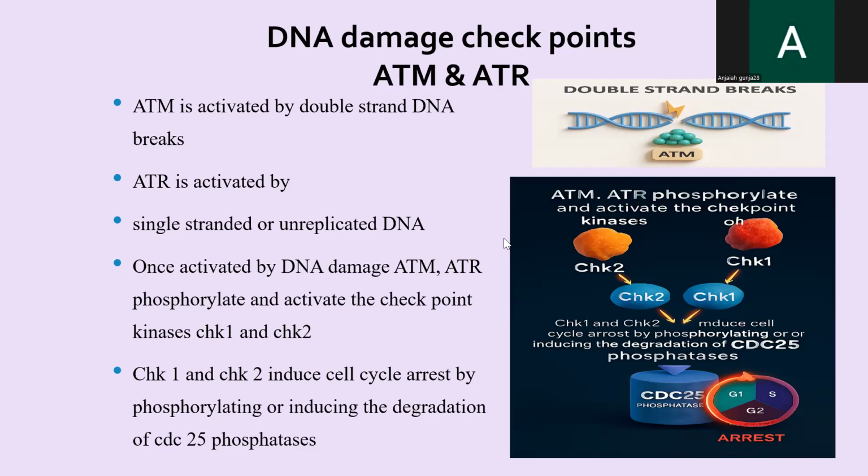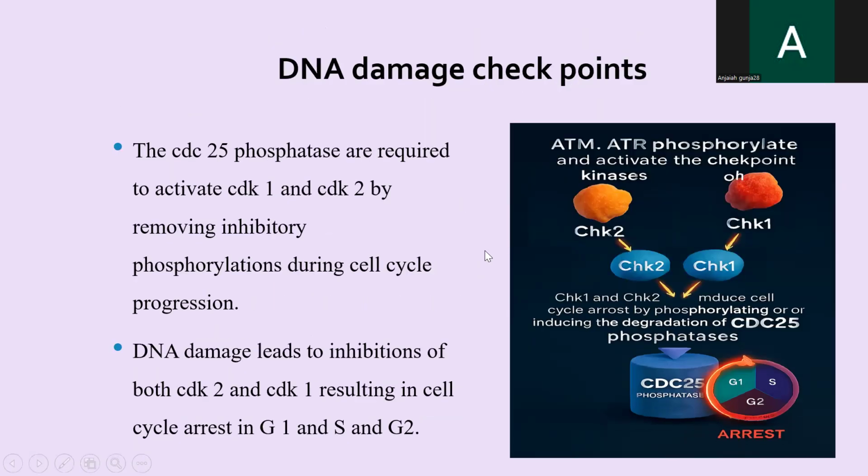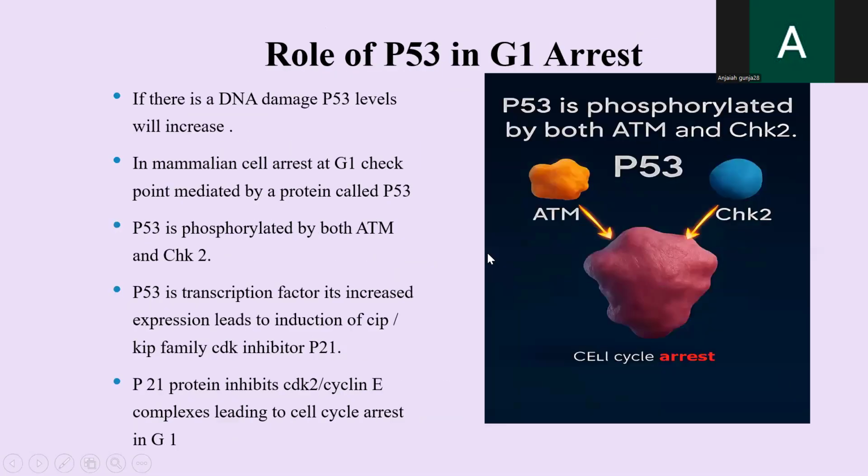Next, what is the role of P53 in G1 arrest? This is a very important molecule, P53. If there is DNA damage, P53 levels will increase. In mammalian cells, cell arrest at the G1 checkpoint is mediated by a protein called P53.